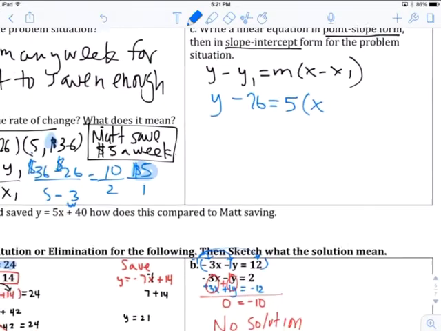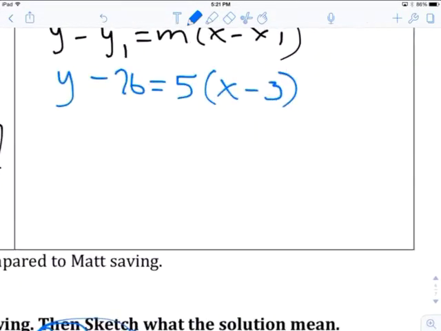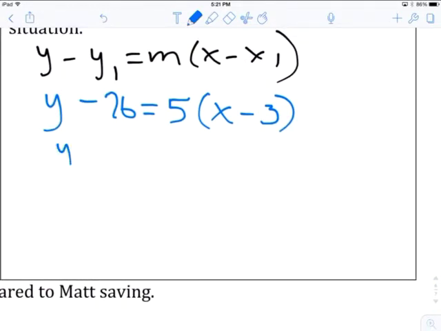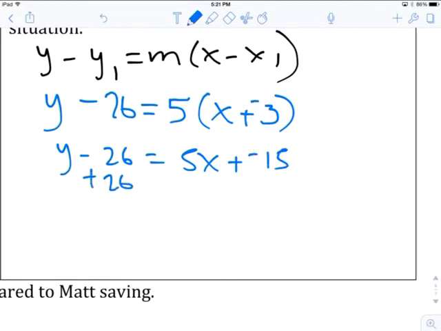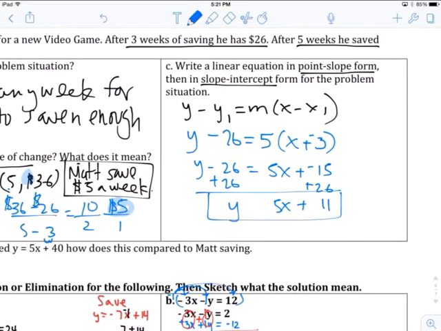X minus x1, which is 3. Y minus 26 equals 5x plus a negative 15. Add 26. 5x plus 11. That's point-slope right here, and slope-intercept.